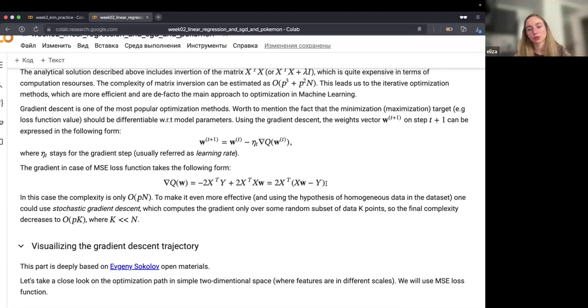But if you want to check it, you need to read more about matrix operations.